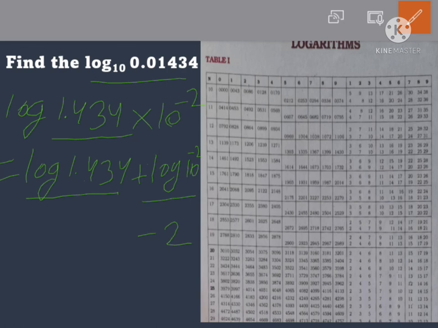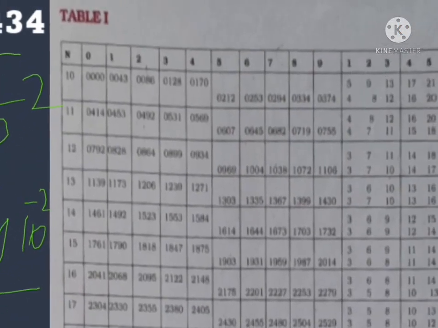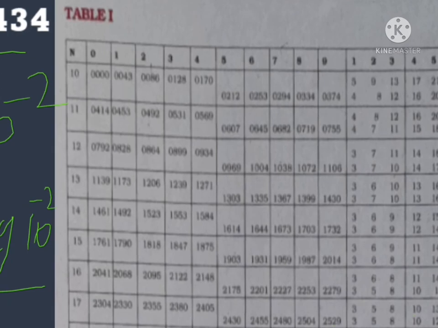1434. So 14 from the vertical line and 3 from the horizontal line, that is 1553, and add it with the 12.